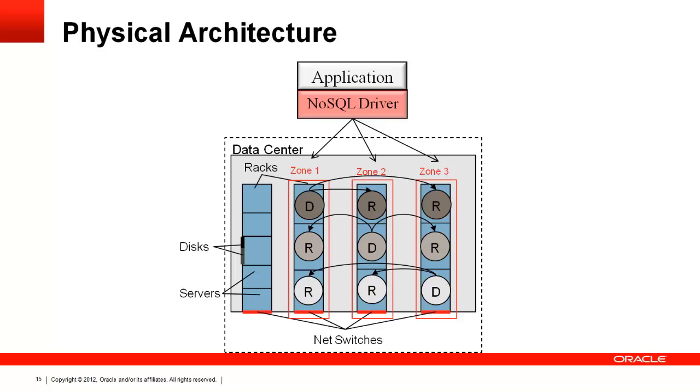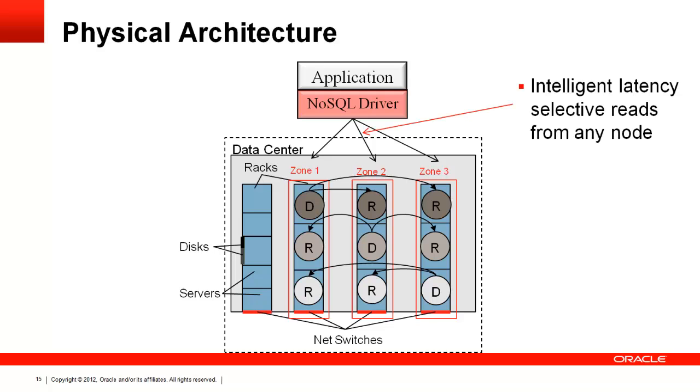And so those partitions of data from the logical perspective are actually spread across these isolation units. So you can see the dark gray, the light gray, and the almost white represent your different partitions, but they're actually spread into different isolated hardware zones. Okay, and that protects against failures.